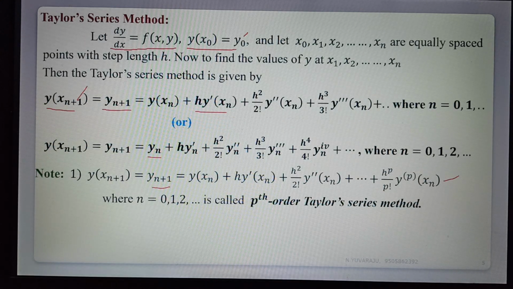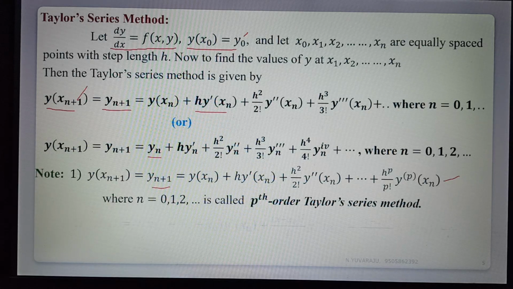This is called the pth order Taylor series method, and we can find any order. In the above formula, instead of infinity, we can take first order, second order, third order, up to so on, any order. P is any positive number. Substituting it, we can find any order of the Taylor series method.